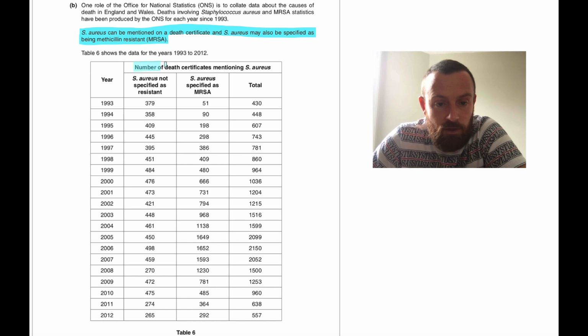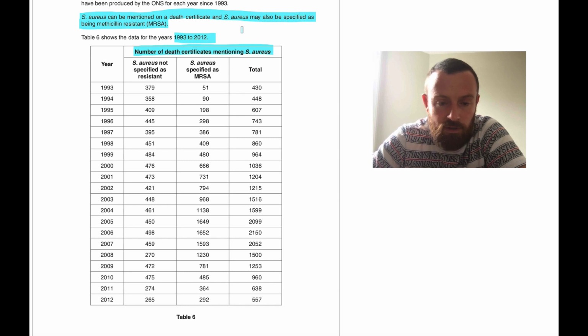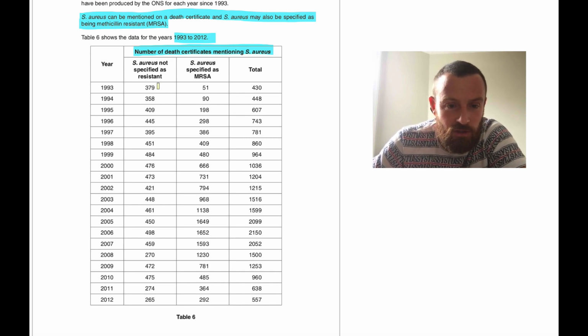Number of death certificates mentioning Staphylococcus aureus, 1993 to 2012. Okay, there's a whole lot of data there. I'm just going to scan it first before I look at the question. So it's sort of climbing, kind of fluctuating in the 400s.